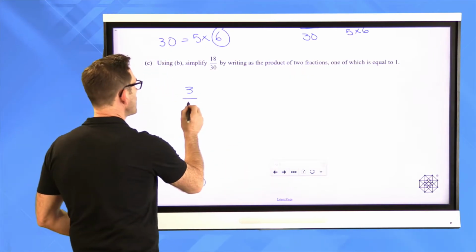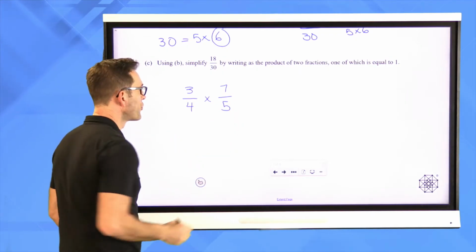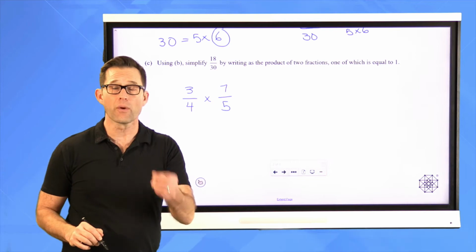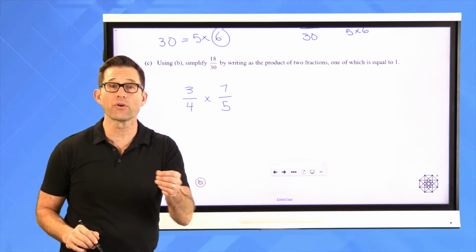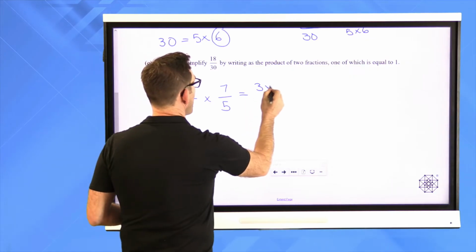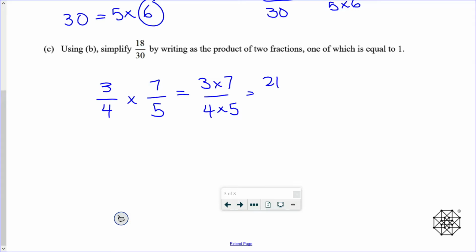So just really quick, if I had something like 3/4 times 7/5, right? What you should remember literally from 3rd grade on is that to multiply two fractions, you multiply their tops and you multiply their bottoms. So in this case, I'd get 21/20. All right?